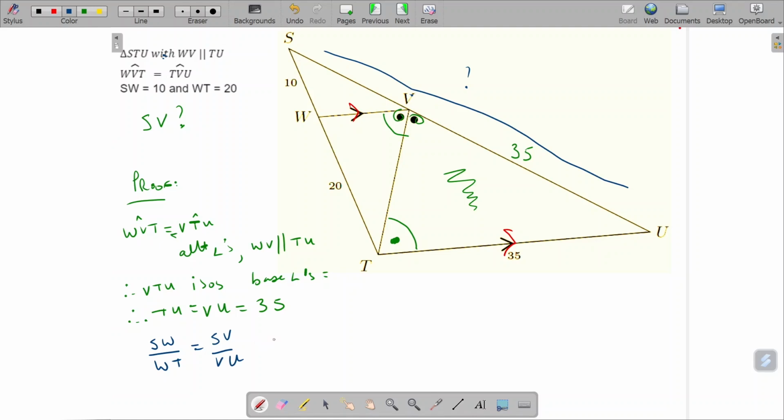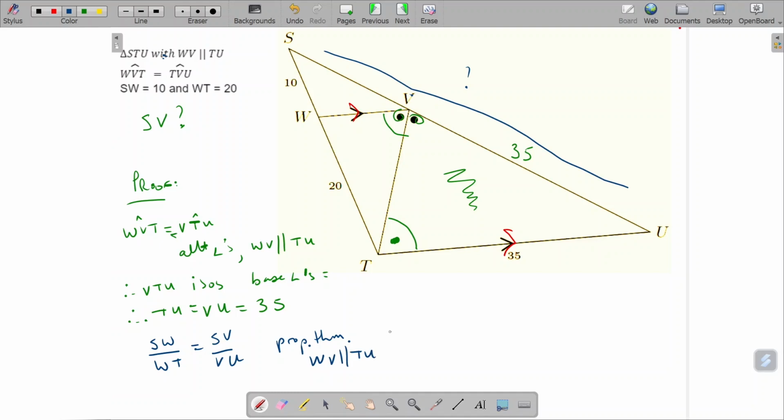How do I know that? Because the line was parallel to the third side of the triangle. So it's the proportion theorem, and again, I can abbreviate it down to prop theorem. And the reason I know this is the case is because VW was parallel to TU.